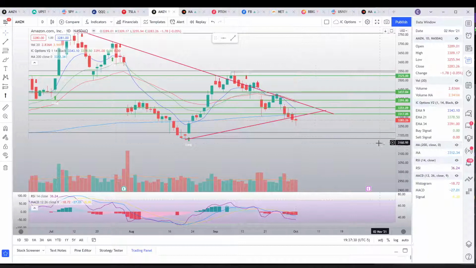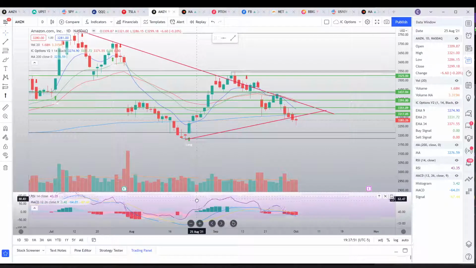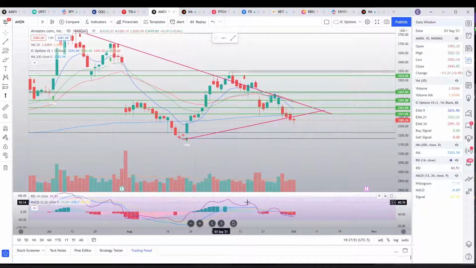If you don't mind, could you explain the MACD? That's something I don't quite understand. Honestly, let me put it this way. MACD is a lagging indicator. Okay? MACD always crosses, for example, let me show you right here. It will always cross after the move is done. So that indicator is honestly overrated for me.